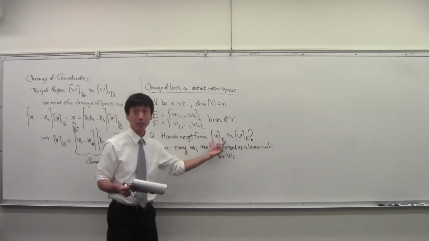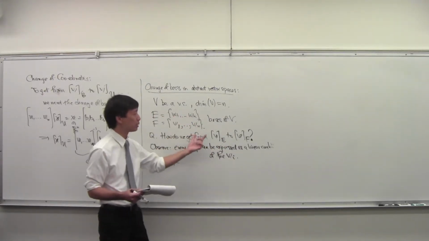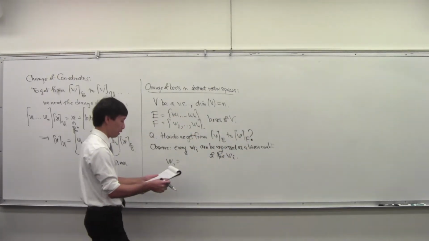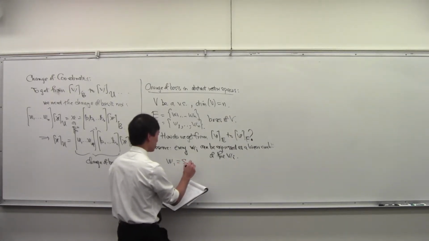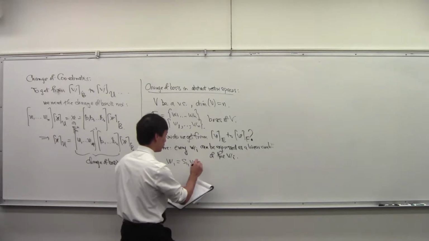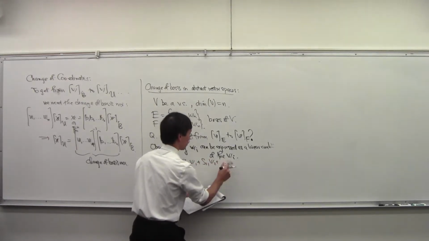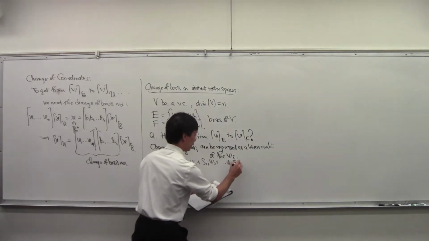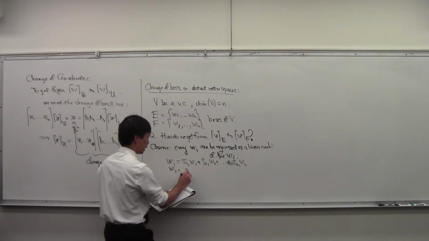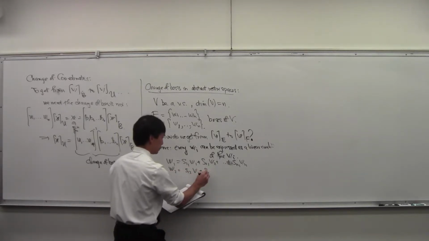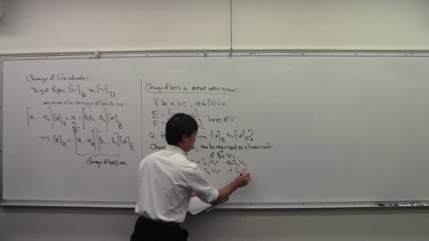So take elements of your original basis and express them in terms of the target basis. This one can be expressed as S11 V1 plus S21 V2 plus and so on, plus Sn1 Vn. W2 is S12 V1 plus S22 V2 plus up to Sn2 Vn.